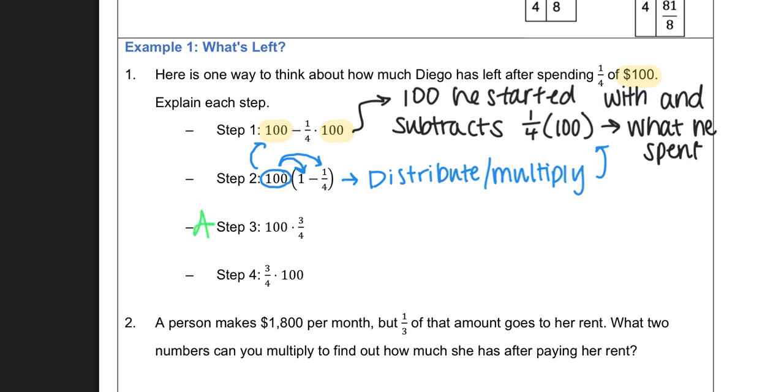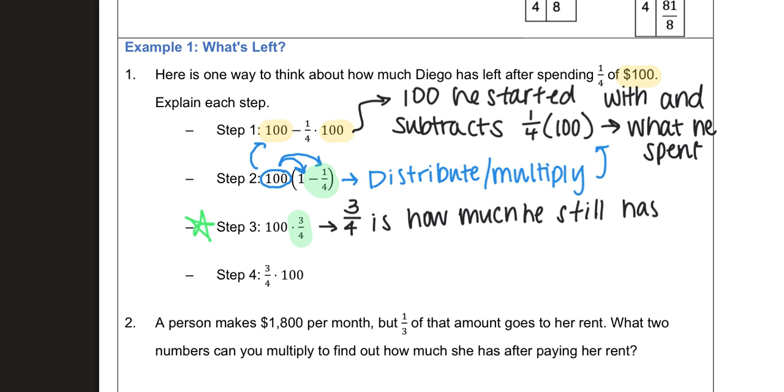Now, step 3 is very, very important because the thing that changed is our minus 1/4 has now changed into 3/4, okay? So that means that the 3/4 is how much he still has, okay?